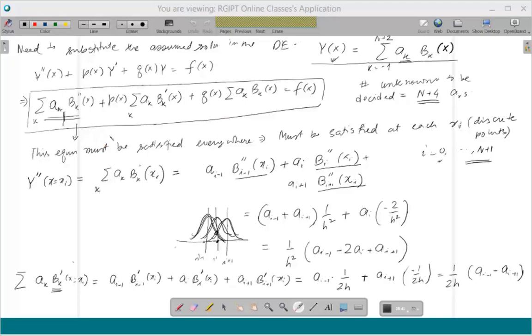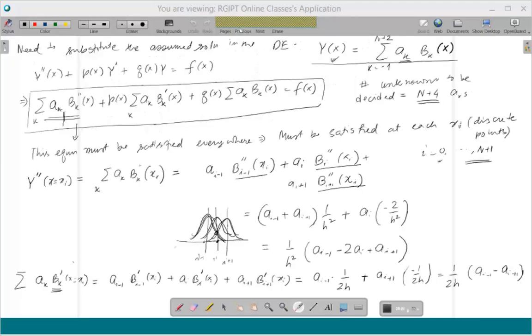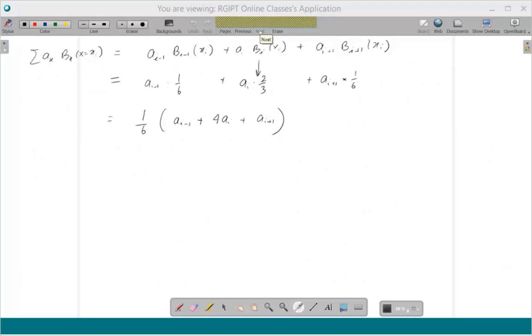So I'm basically applying it at any ith point that we have constructed. When you apply it at each ith point, I'm going to get a set of equations, for each i one equation. Here I just found expressions for these: the first expression is this one, the second is this one, and the last one is the one on the next page. So we can just substitute it back over here and find out how that looks.